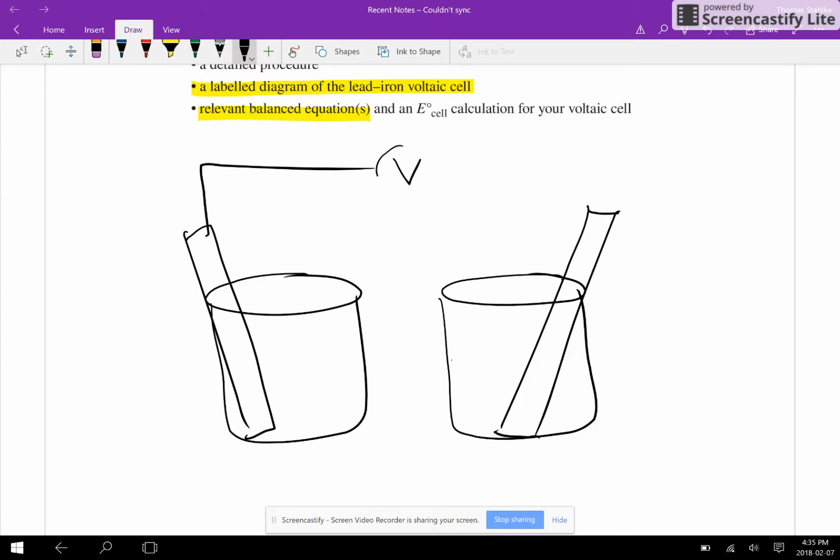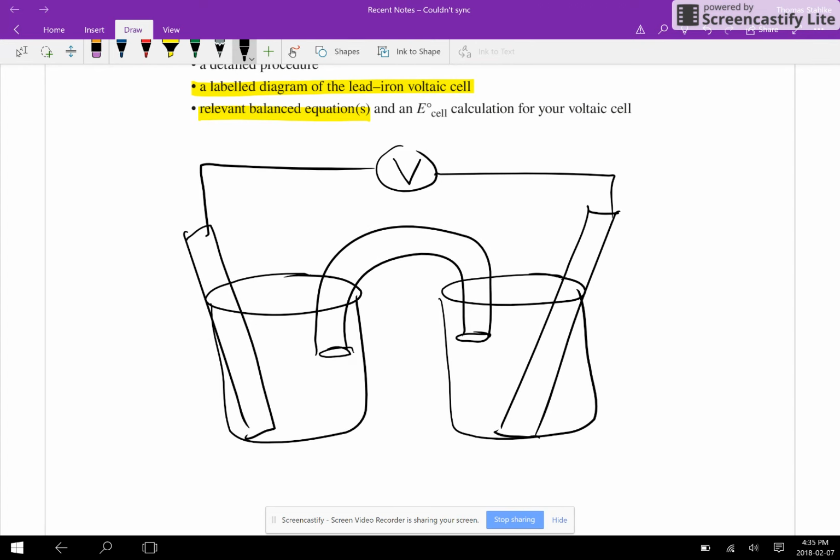They're connected by a voltmeter and a salt bridge that would just contain an ionic salt solution. It does not matter which side is labeled the lead. I'll just choose the left side here, and which side is labeled the iron.